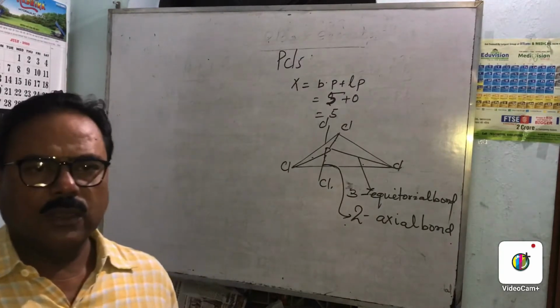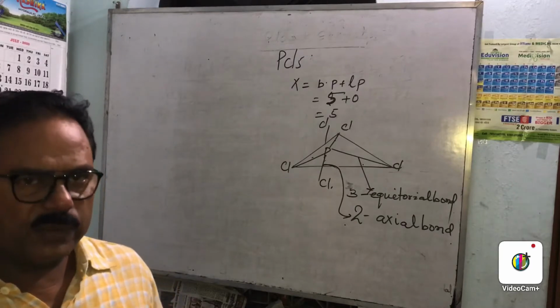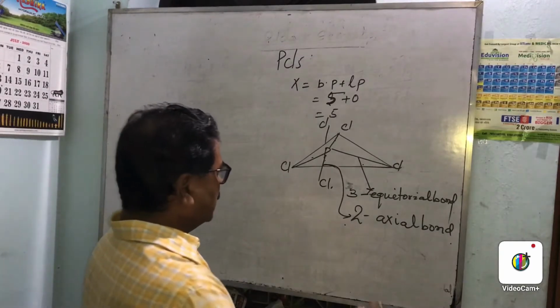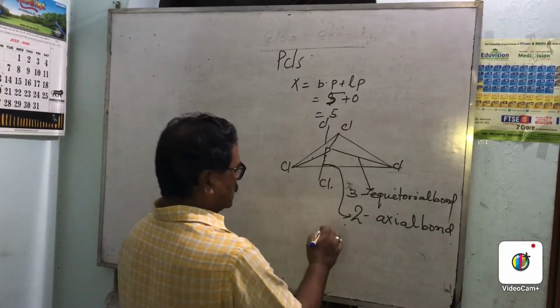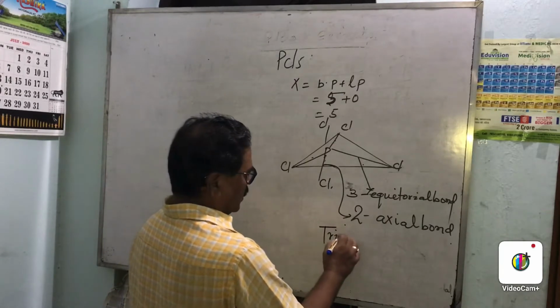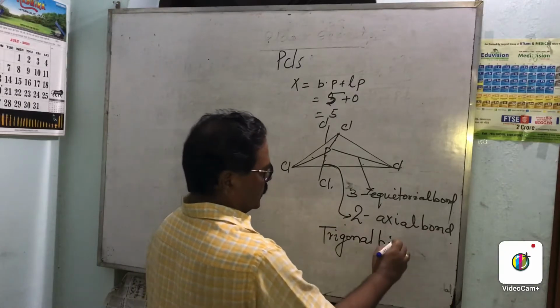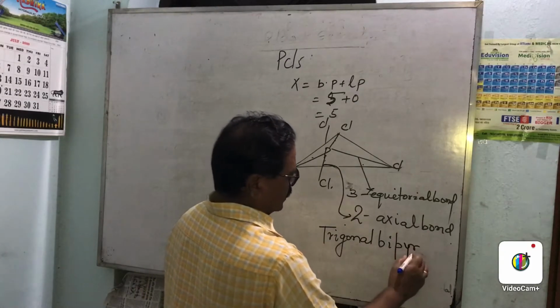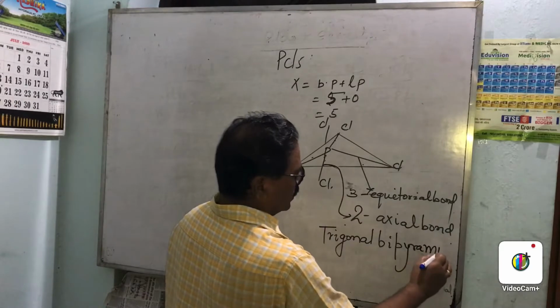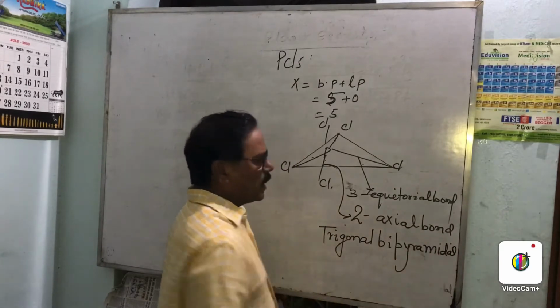First question, what happens when PCl5 is heated? Now, its geometry is drawn here. This is trigonal bipyramidal. Bipyramidal means a triangle and a pyramid.